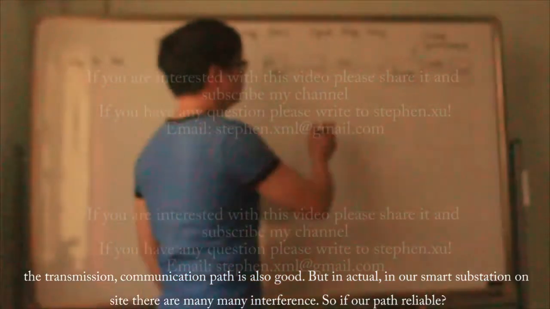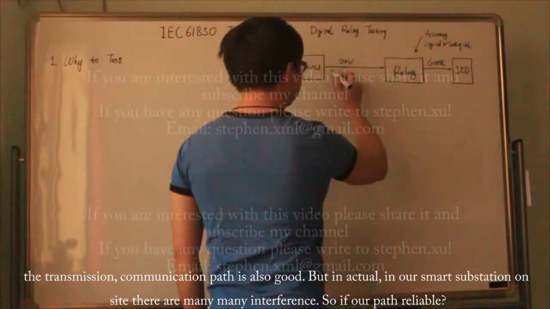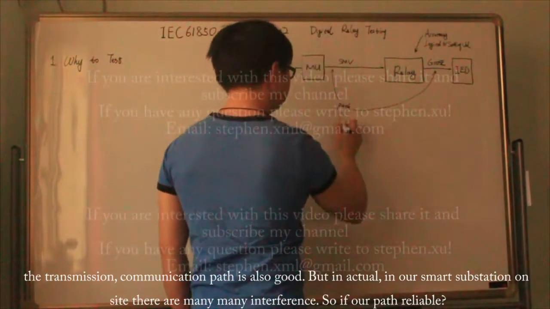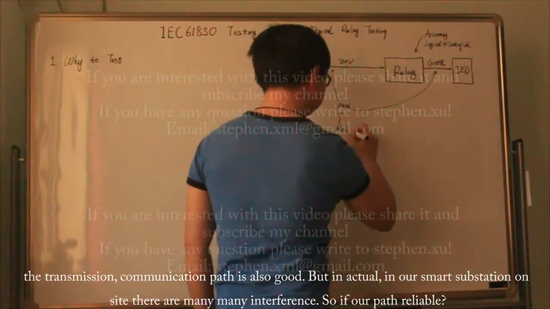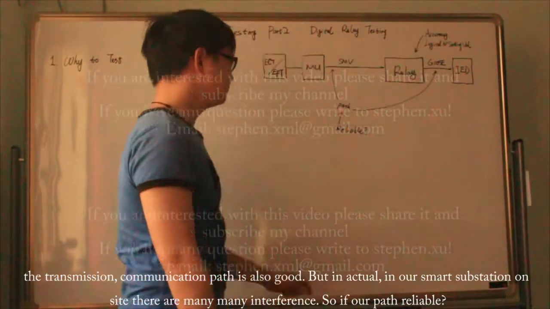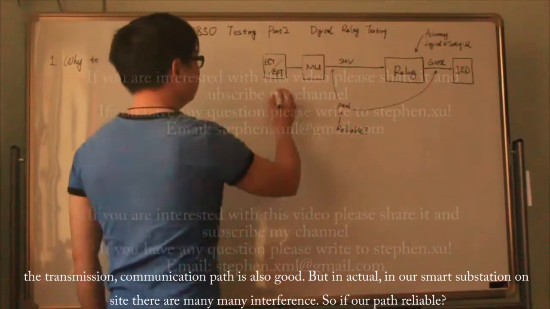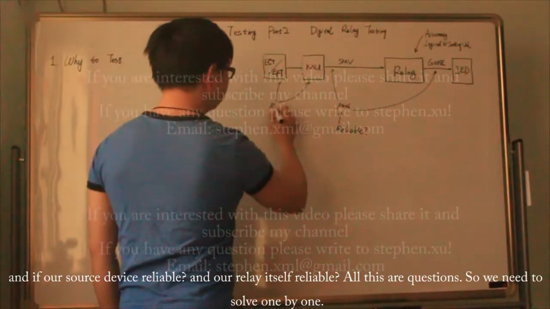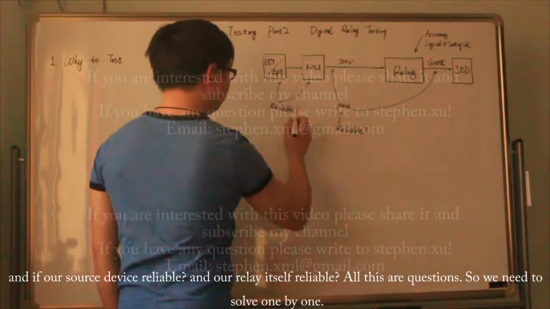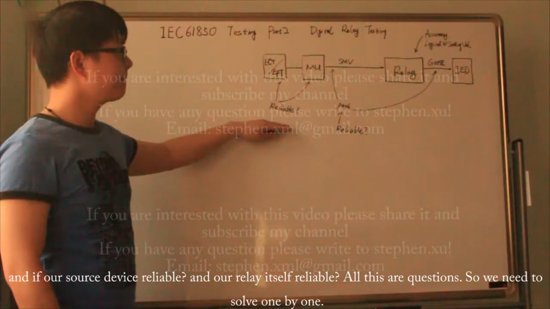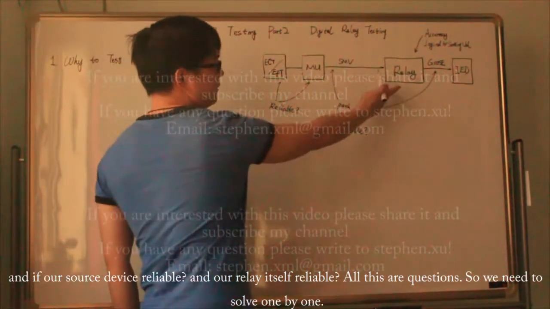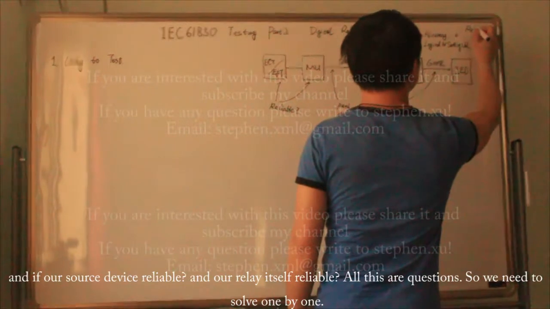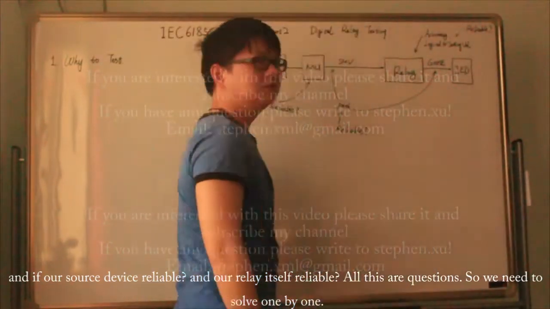Is our path reliable, is our source device reliable, and is our relay itself reliable?